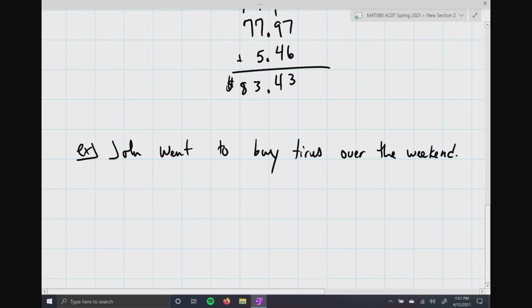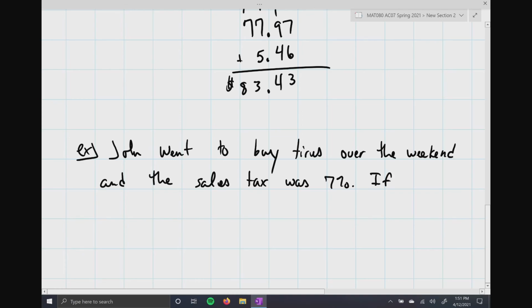So John went to buy tires over the weekend. Now, I did not buy tires. I'm just saying I did. So John went to buy tires over the weekend, and the sales tax was 7%.